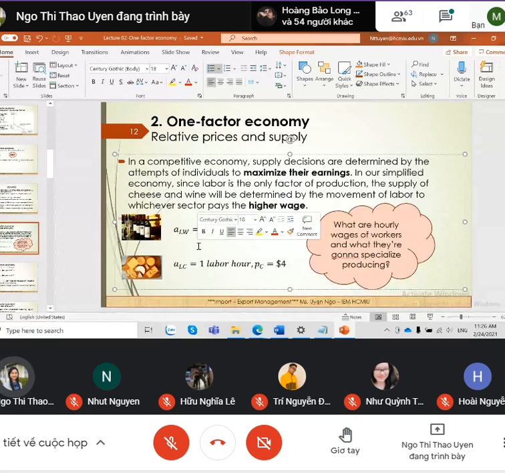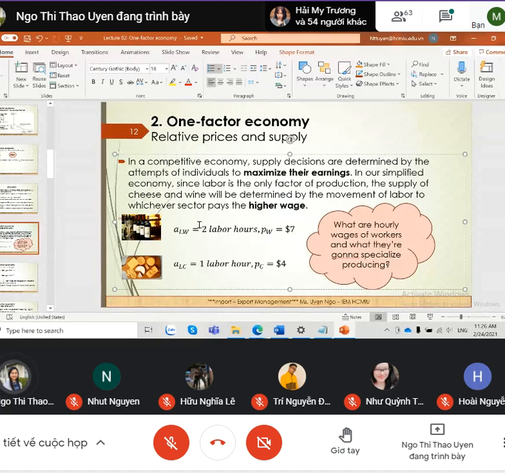People can maximize their earning by changing company, jumping into the industry where they receive a higher wage. So in this case, the workers in the wine industry may move to the cheese industry, right?